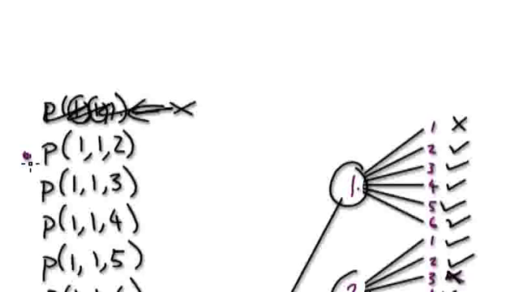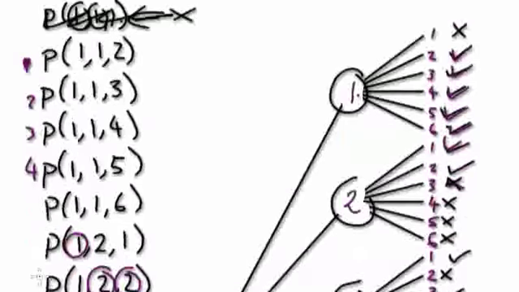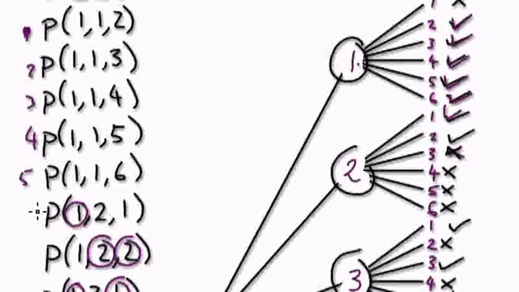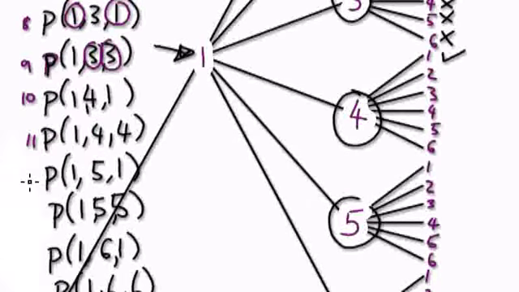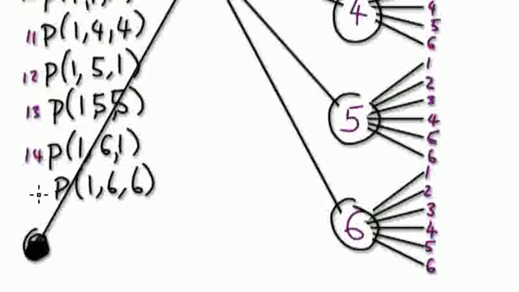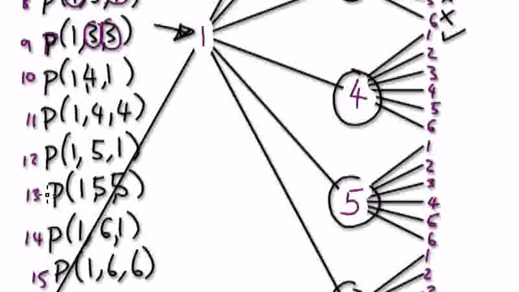Remember, we're basically counting all the ticks here. 1, 2, 3, 4, 5, 6, 7, 8, 9, 10, 11, 12, 13, 14, 15. 15 good outcomes on our first branch.